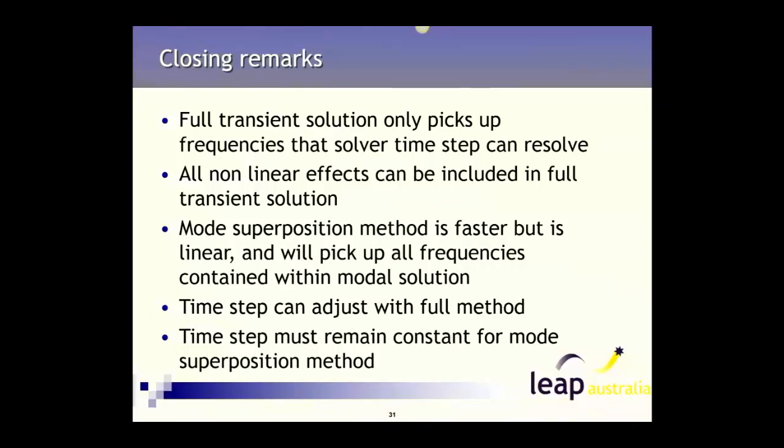Whereas with a full method, the way you exclude it is with the time step. All of the frequency content will be there, just whether or not you capture it is based on your time step. In terms of my orchestra analogy, if you're doing a recording with a very low sample rate, lower than the audible range, it's going to distort the signal.